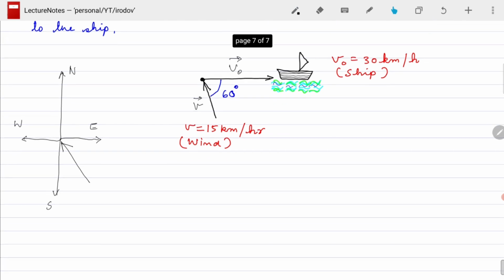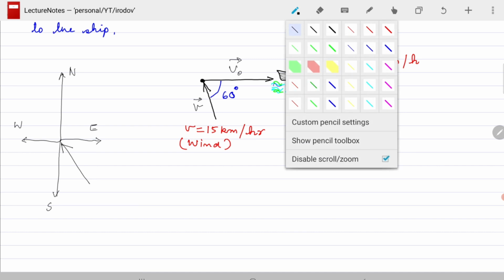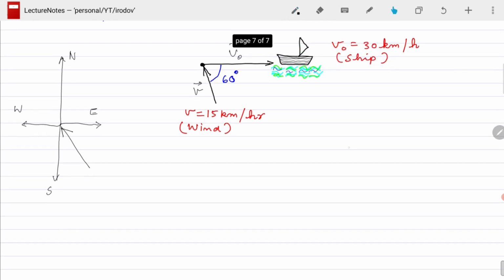When we want to find the wind velocity relative to the ship, it means we have to consider the ship as stationary.